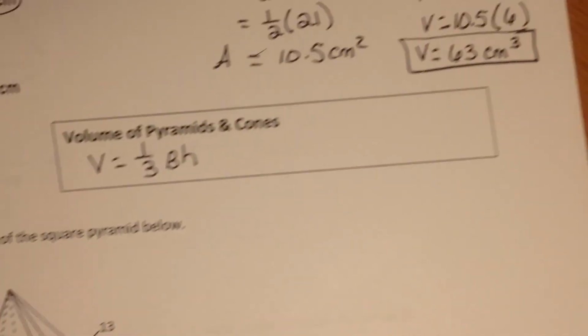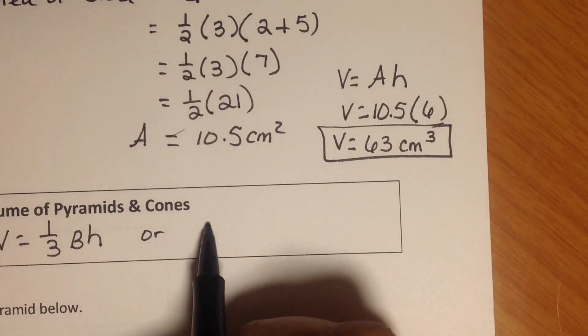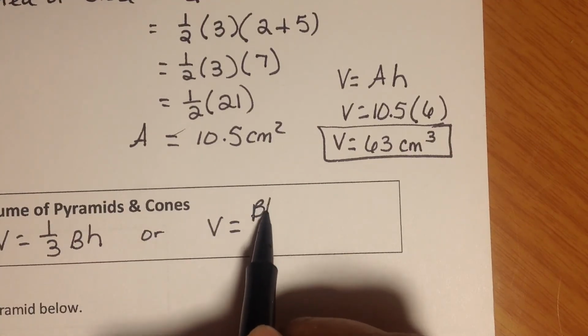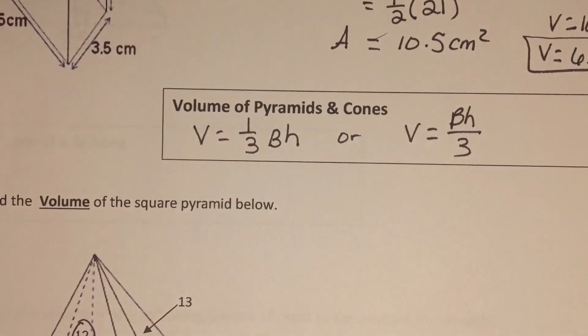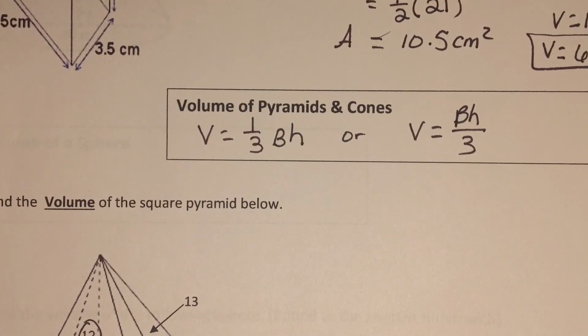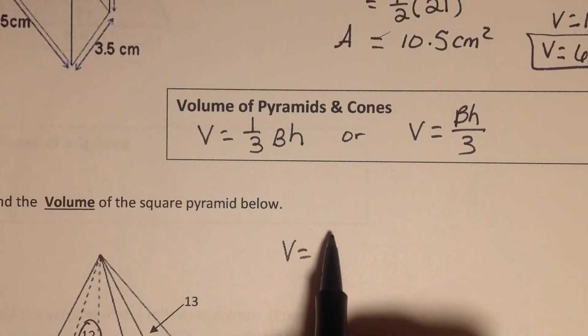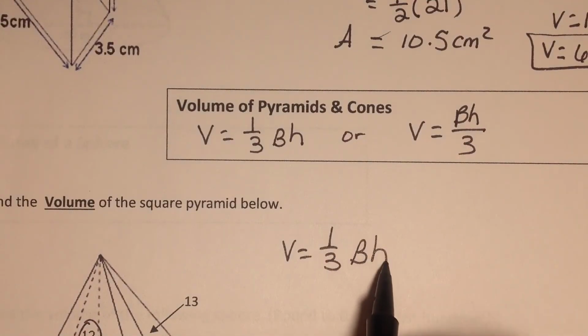So let me show you this. If you want, you can also write this formula to say volume is equal to the area of your base times your height divided by 3. That's another way that you could write it. Okay, so I'm going to say volume is equal to 1/3 times the area of my base times the height.